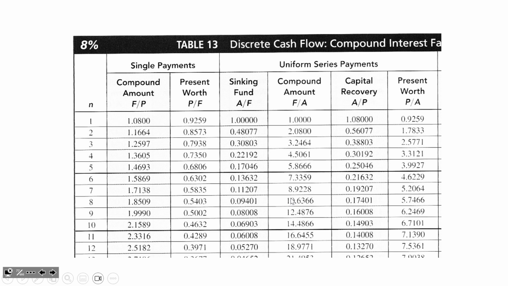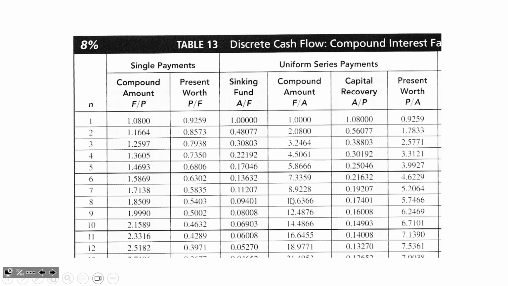Because we've got the 8% table on the screen right now, let i equal 8%, 0.08, and if n equals 1, then what is F divided by P? It would be 1.08 to the power of 1. So therefore, F divided by P is 1.08. And that's what they've got here, 1.08.